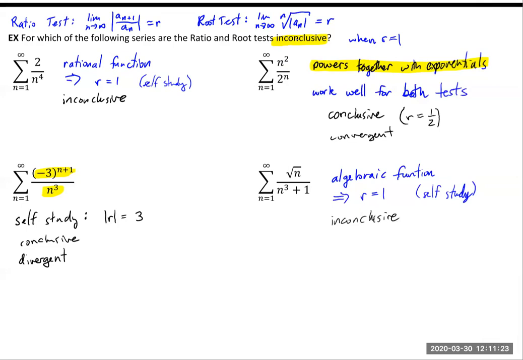By the way, we should probably talk about how you test these series for convergence. What should you do for this series and what should you do for this series? Well, I hope the first one is obvious. This series right here is just twice a p series, right? You memorized how p series behave. A p series with p equals 4, greater than 1, is a convergent series.